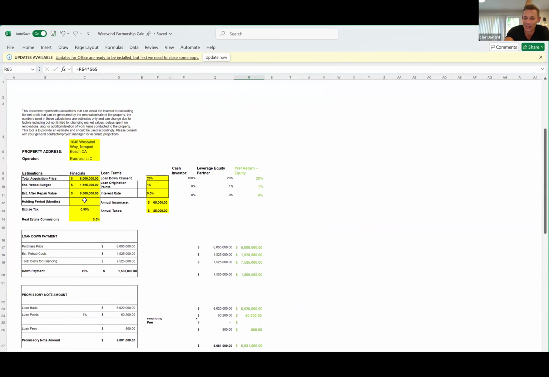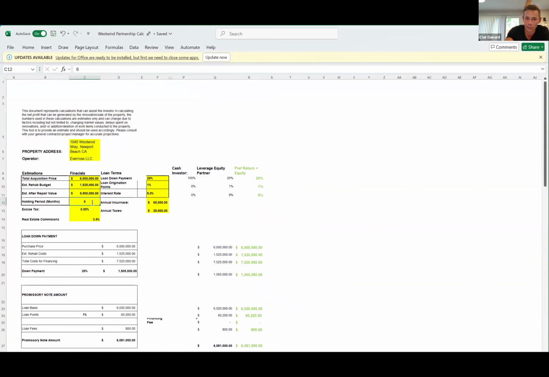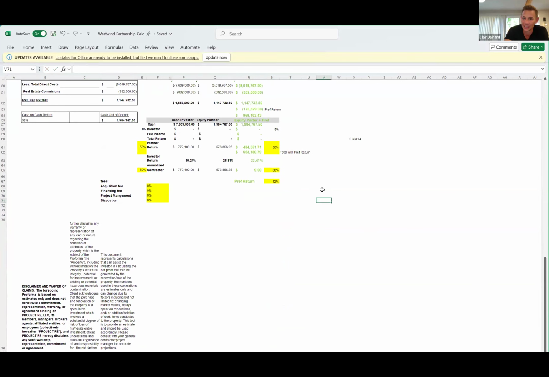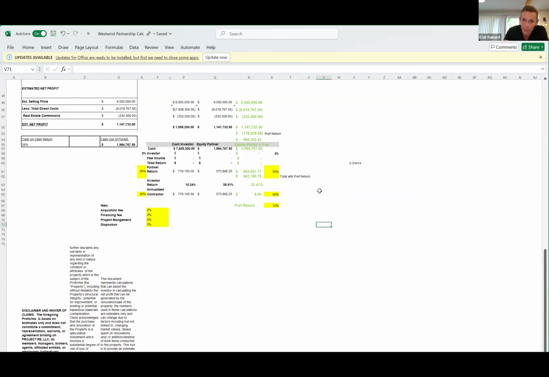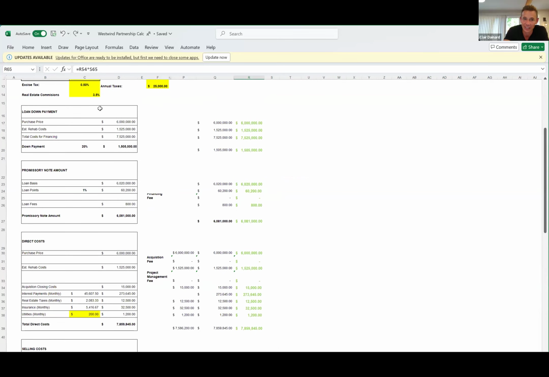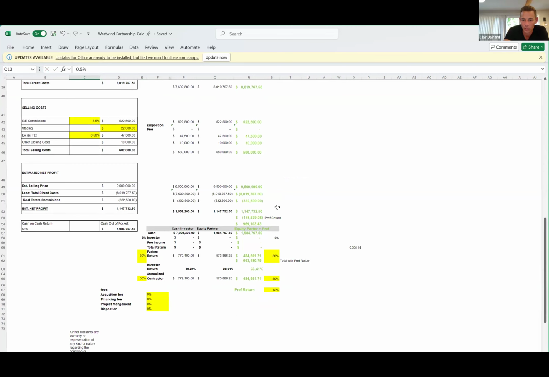If he gets it done in 9 months, he makes $120,000 to $130,000 less on this deal. And so he's very, very motivated to get it done quickly.